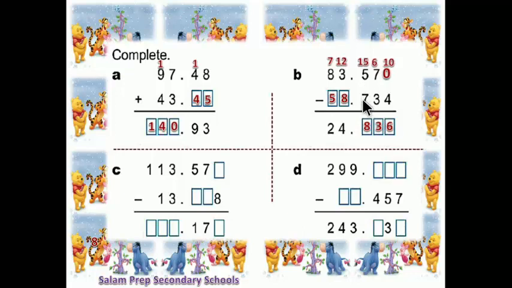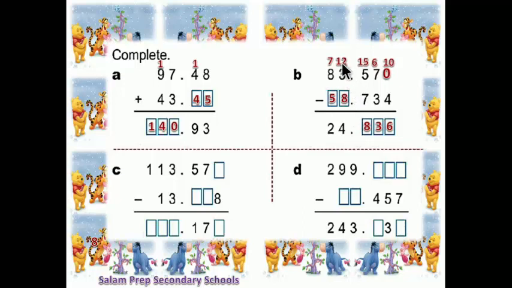It doesn't go. We will borrow. 3 will be 2. Okay? 5 will be 15. 15 minus 7 equal 8. Put decimal point.